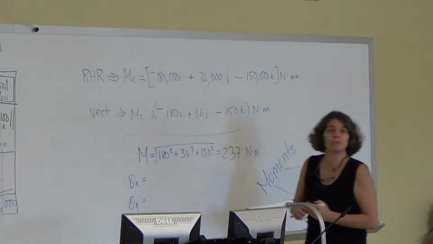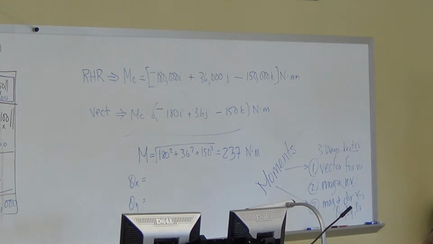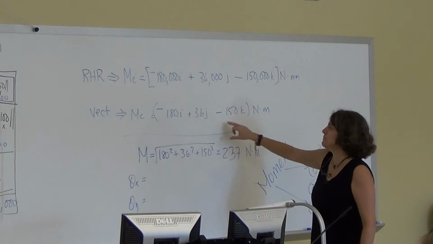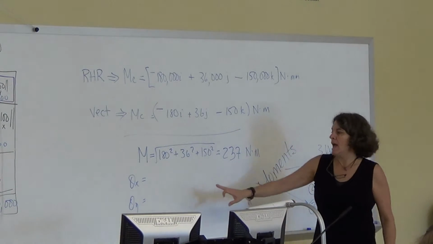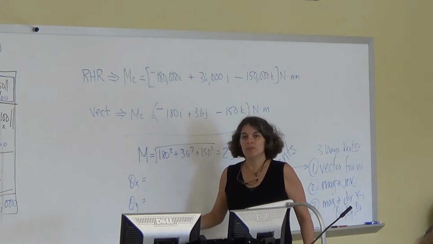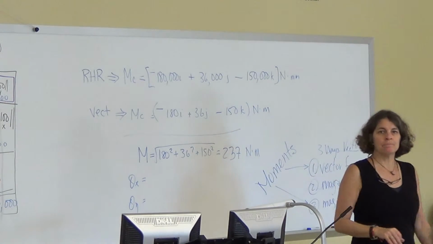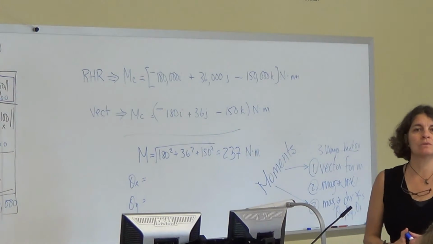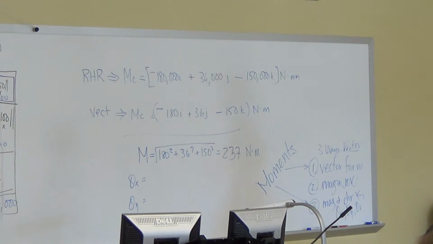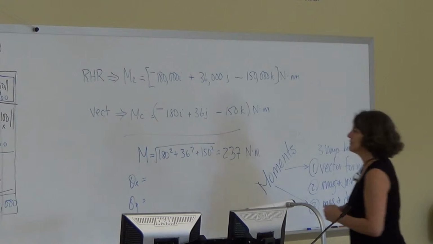How would I find the direction angles? So we found the x, y, and z components of the moment, and we found the magnitude of the moment. Using trig, which one? Inverse cosine.